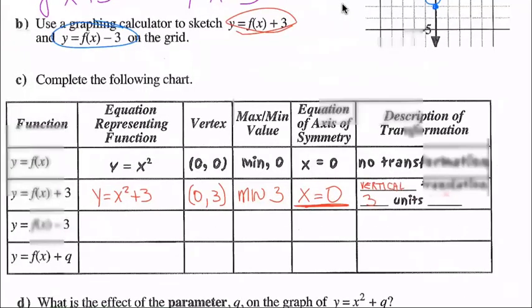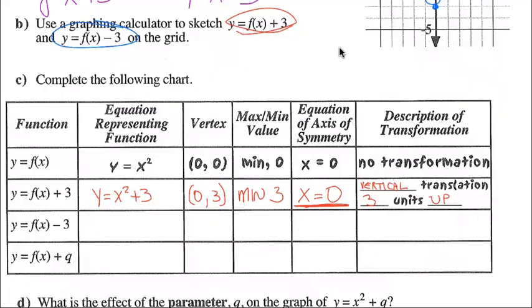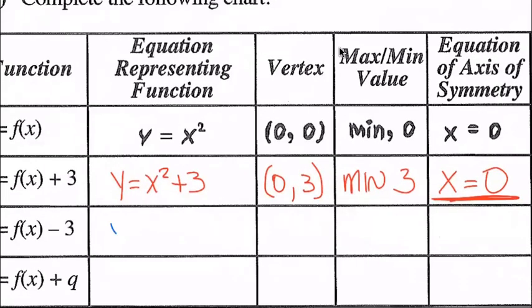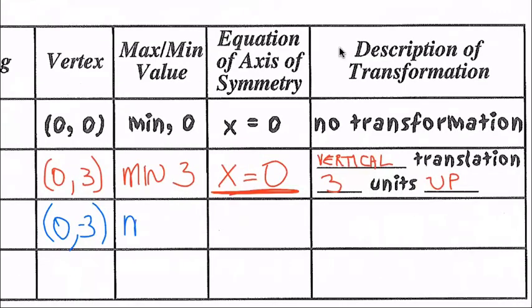And then our second example was blue. Our equation, y is equal to x squared minus 3. Our vertex is 0, negative 3. We still have a minimum value, this time of negative 3.